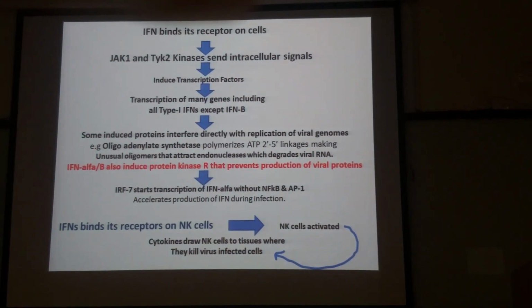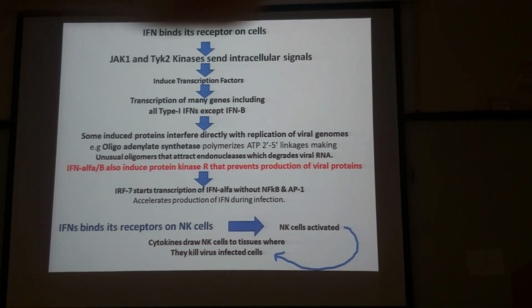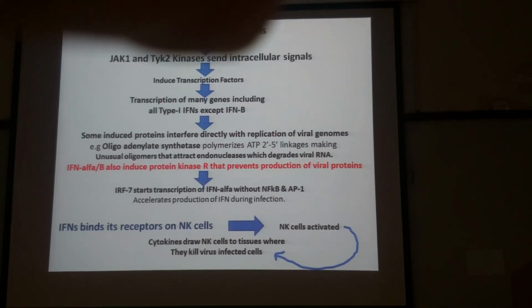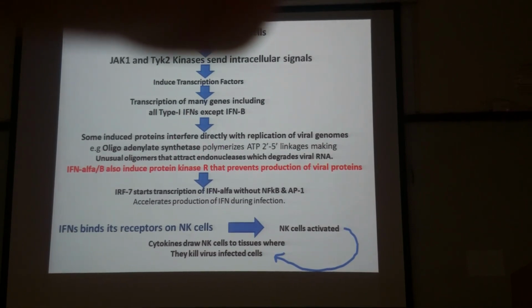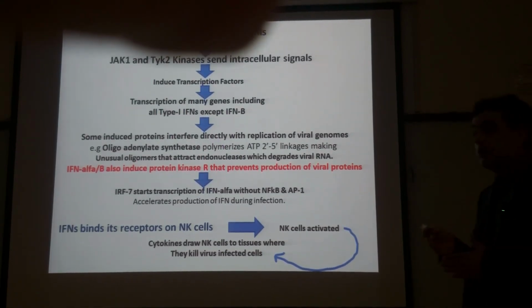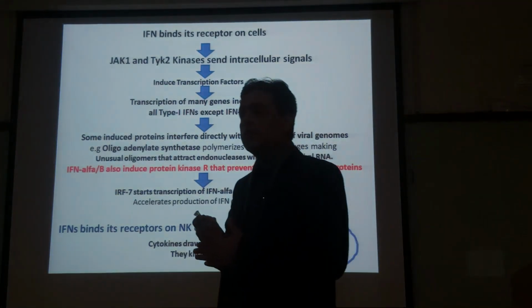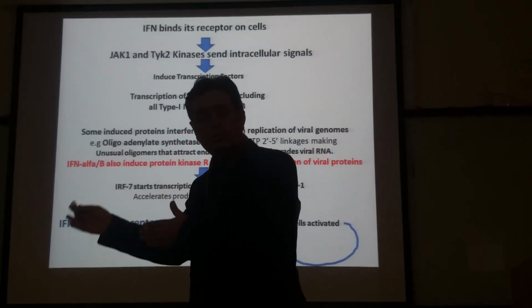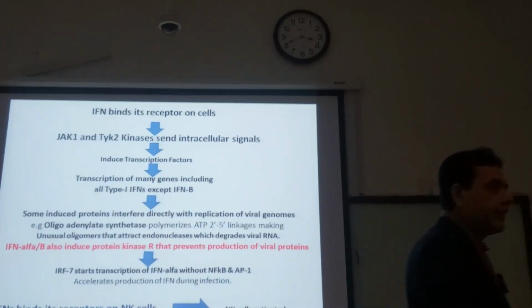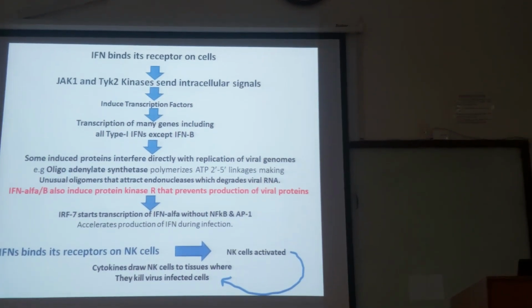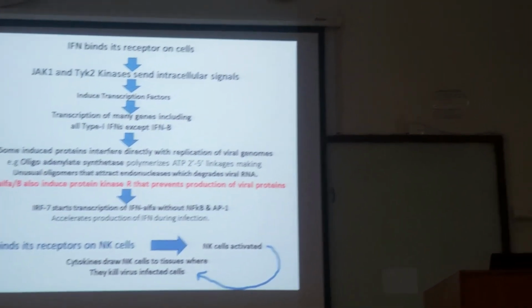Okay, so this makes these viral nucleic acids a target for endonucleases. When there is a 2 to 5 prime linkage, it's not a 3 to 5 prime linkage. This is something alien to the human cell, because there are no 2 to 5 prime linkages in the human cell or human DNA.